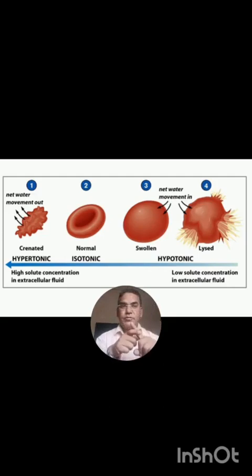If we put a cell into hypertonic solution, grapes into sugar solution, it will shrink. If we put a cell into isotonic solution, means same concentration outer and inner side, there is no movement of molecules, so the size will not change, right?